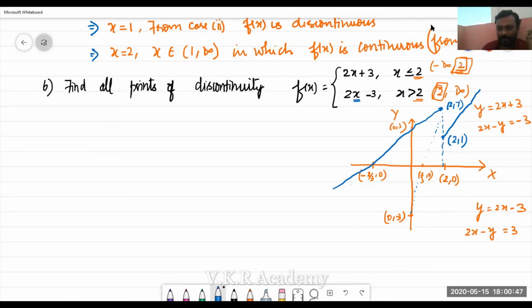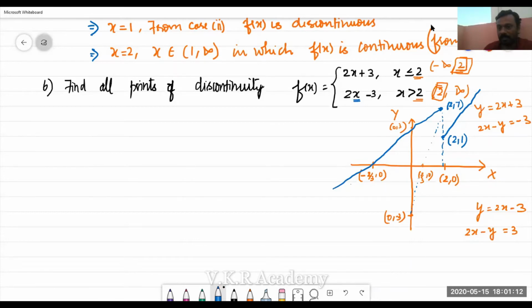When x is less than 2. Tell me. 2x plus 3, sir. No, where x is less than 2, the function is 2x plus 3, or equal to 2, sir. x is less than or equal to 2, sir.